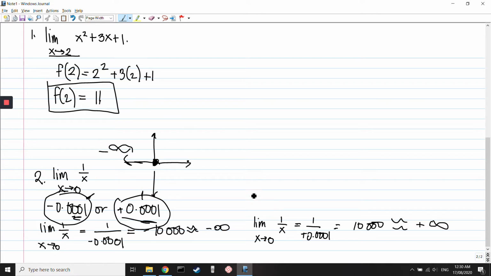Therefore, the limit of 1 over x as x approaches 0 is equal to what? We have observed that there is no exact value that we can have, or the graph shows its limit is beyond, because it is infinity, right? So the limit of 1 over x as x approaches 0 does not exist, or simply write DNE.